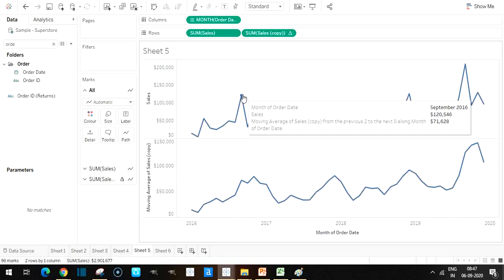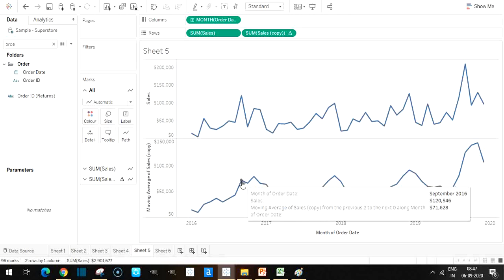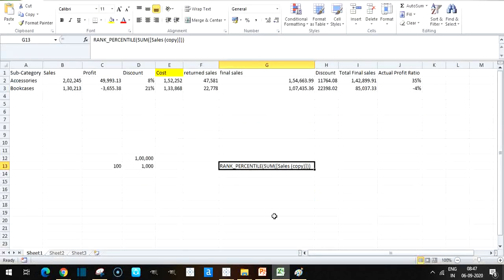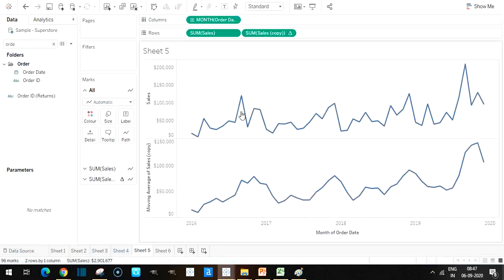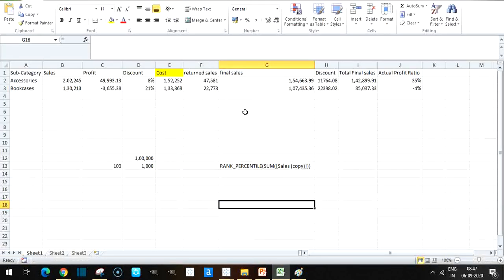So July, August, September, and divide by 3. Whatever number comes, that is the number I am seeing here. My average is coming to 71,000, and we can validate that. Let me take 122, 125, 46. That was the number I saw.